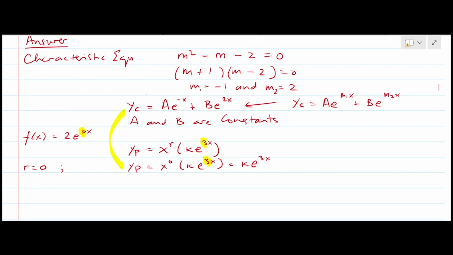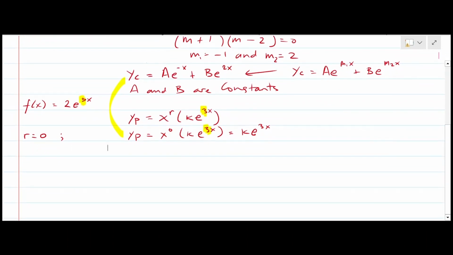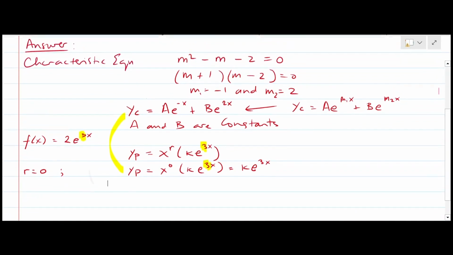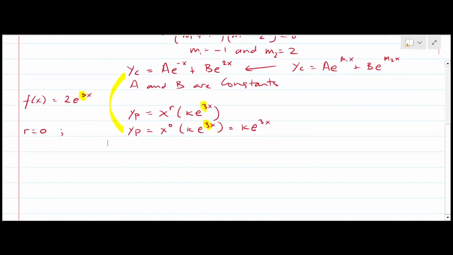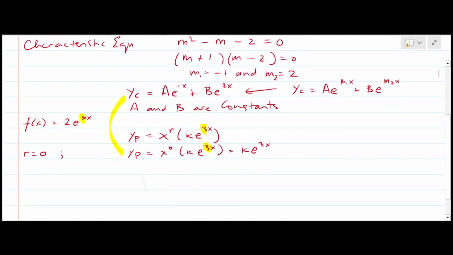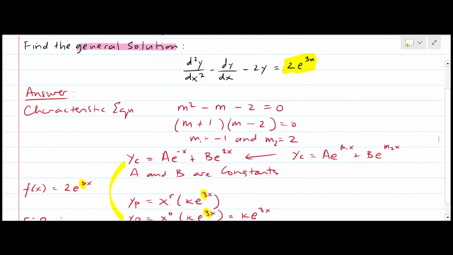Therefore we can go ahead and find the derivatives of yp, because later we are going to write the overall solution of the problem as y equals yc plus yp.